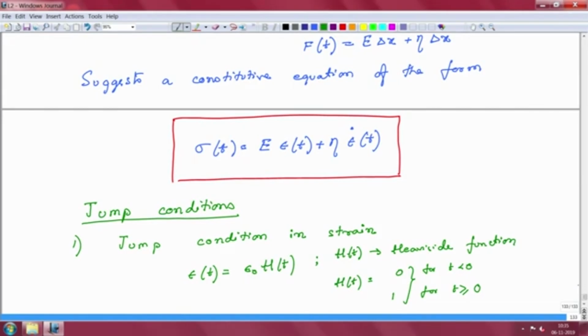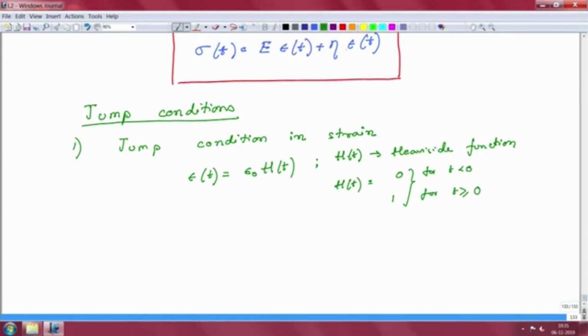So, this is our Heaviside function. If you have a jump in strain and you want to find out the effect of that on stress, we can straight away insert this functional form. But before we do that, we have a derivative in stress and a derivative in strain. So, what happens if you take the derivative of this function? We know that the derivative of the Heaviside function is the Dirac delta function.